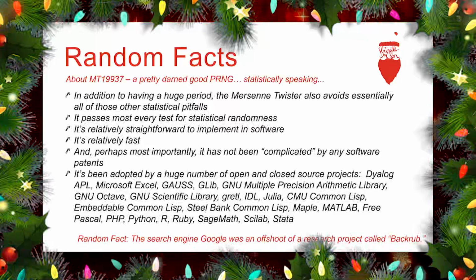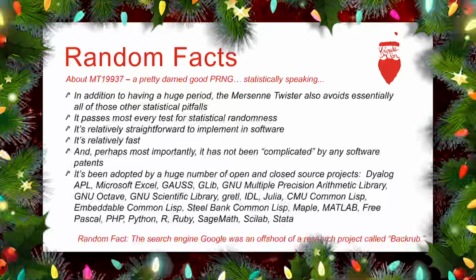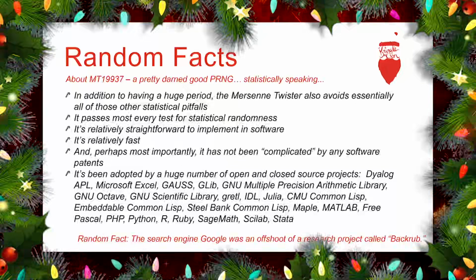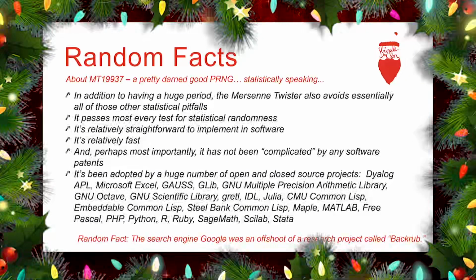In addition to having a huge period, the Mersenne twister also avoids at least most of those other statistical pitfalls. It passes almost every test for statistical randomness. And what's really nice about it is that it's relatively straightforward to implement in software, and it works relatively quickly.